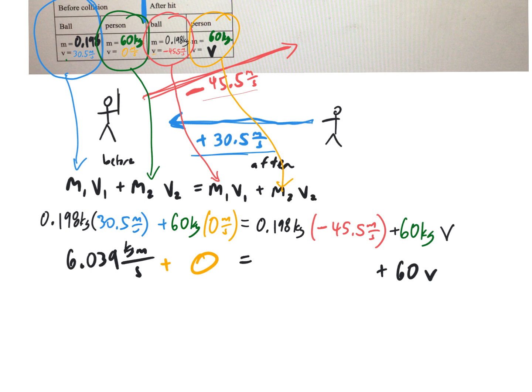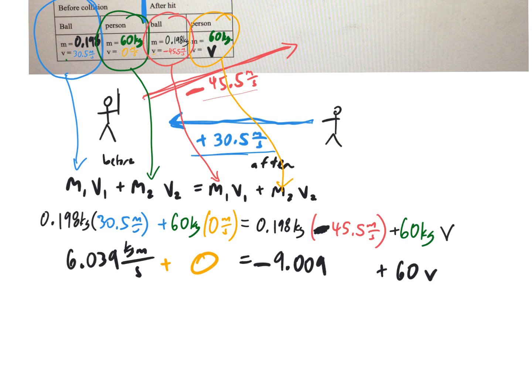And on this side, it's 0.198 times 45.5, which is 9.009. Except that's a negative sign right there, negative 45.5, so I got to make sure that's a negative 9.009.